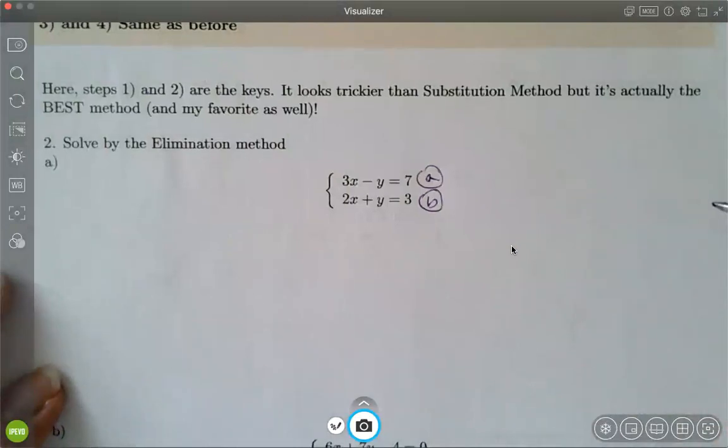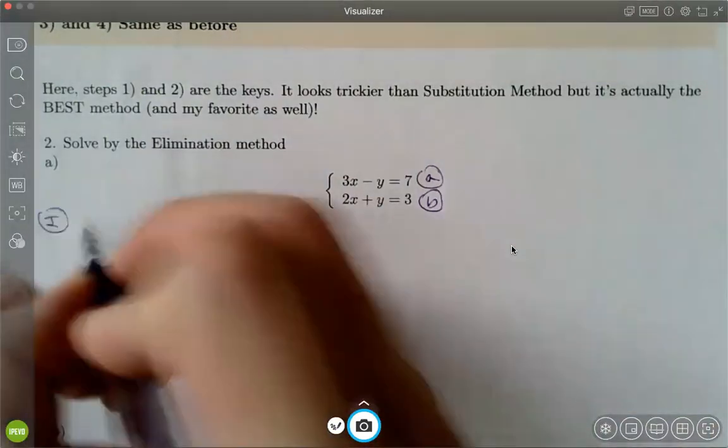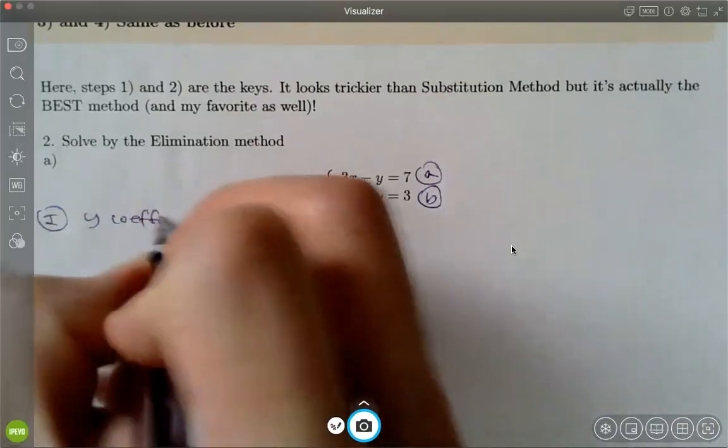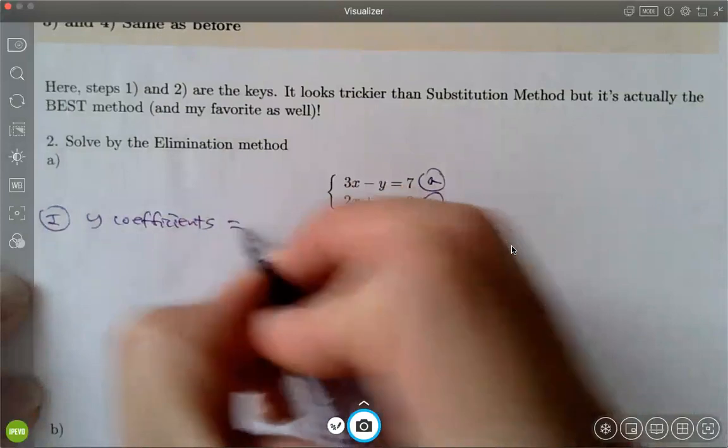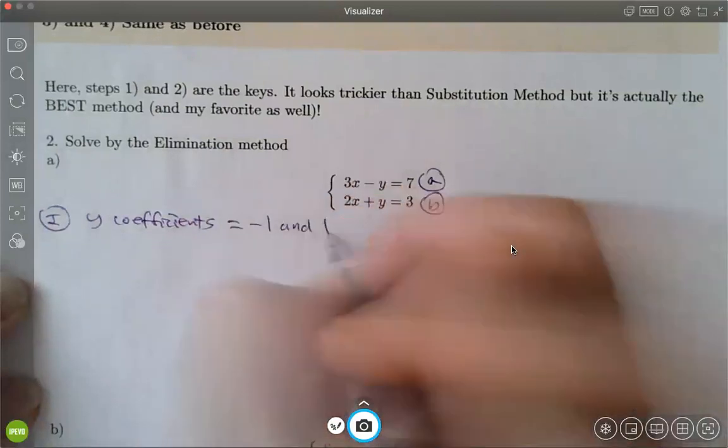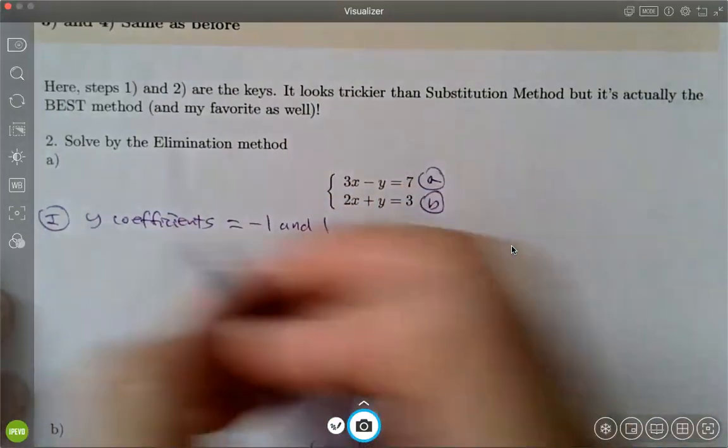No. Now, what are the y coefficients? -1 and 1, right? Are they opposites? Yes, right? Okay, so here, the y coefficients are -1 and 1, which are opposites, right?